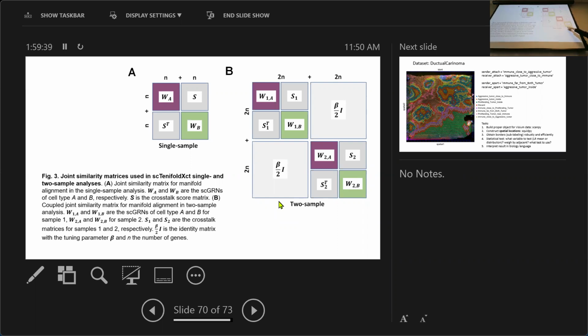And here we put the identity matrix to enforce the correspondence.